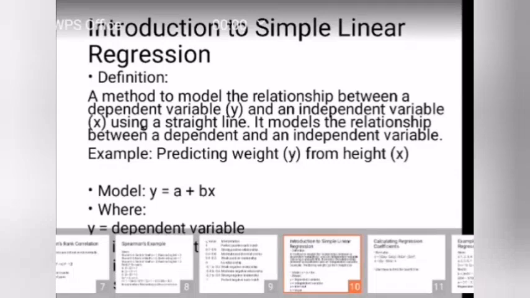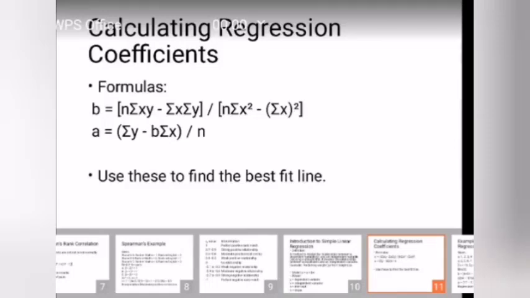So let's look at an example to explain this very well. But first of all, let's find out the formulas for you to get b and for you to get a. For you to get b, it is n sigma xy minus sigma x times sigma y over n times sigma x square minus sigma x all square.